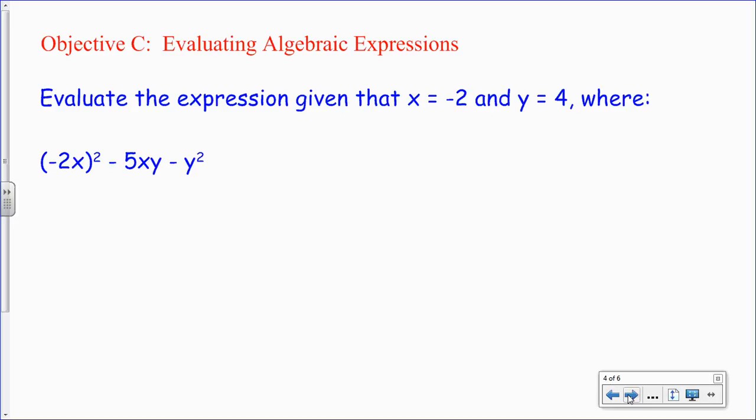Every time you plug in a number, plug it in with parentheses, and then type that whole thing in your calculator. So x is -2, so I'm plugging in -2 for x, and I'm plugging in 4 for y. Everywhere I put those numbers, I put them in with parentheses, and I did not change anything else about the equation.